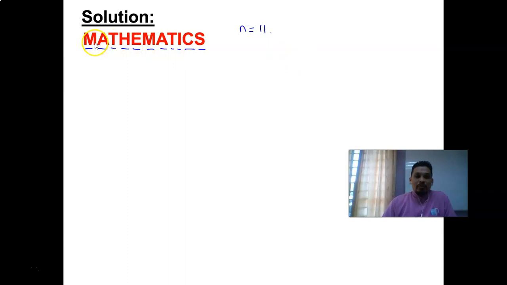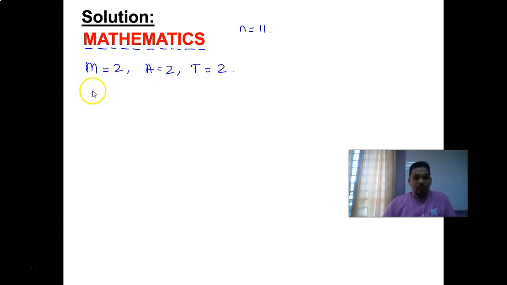Then we look into the letters that are repeated, where M appears twice, then A twice, and T twice. So M, A, and T are all repeated twice.